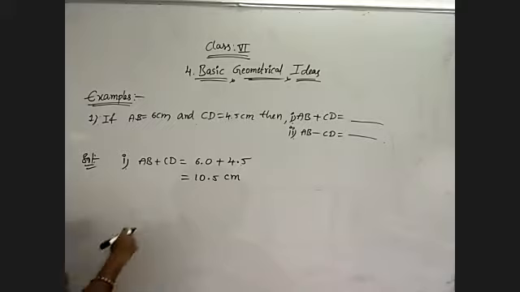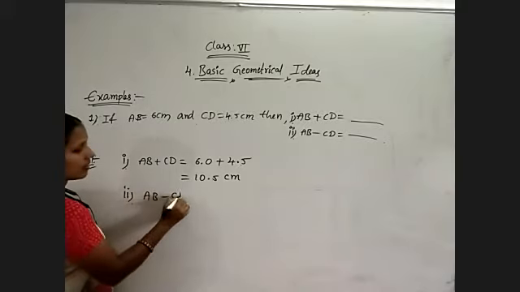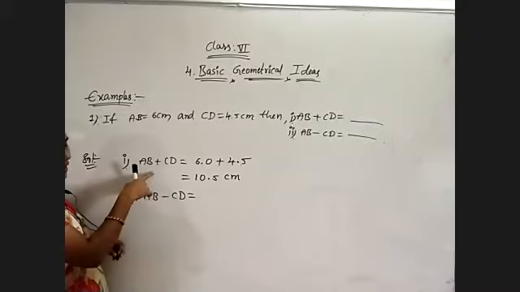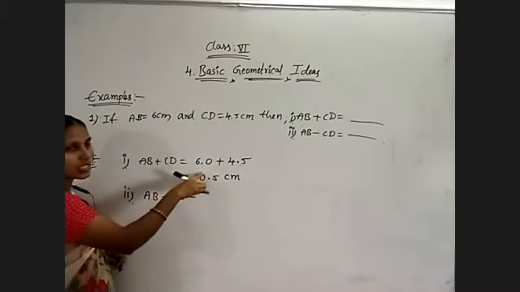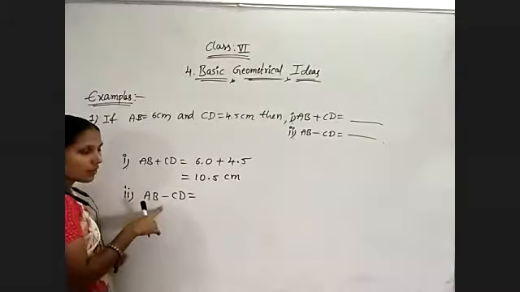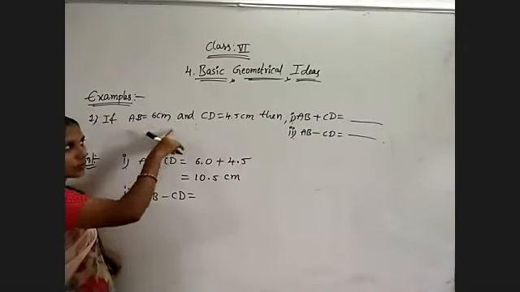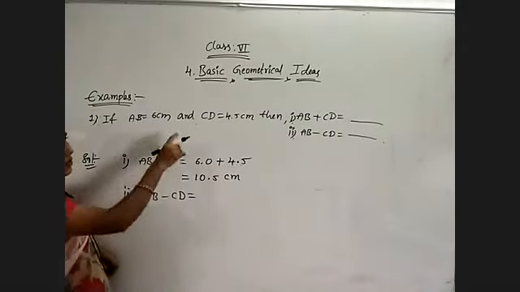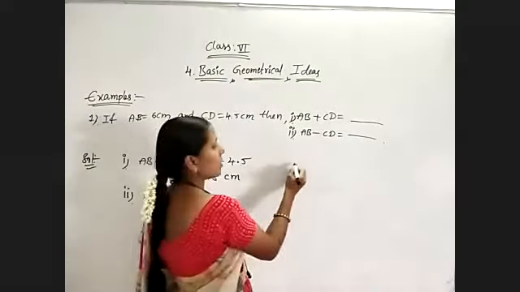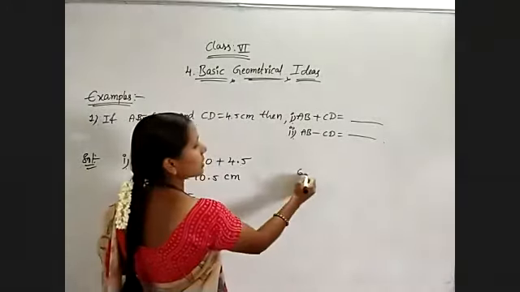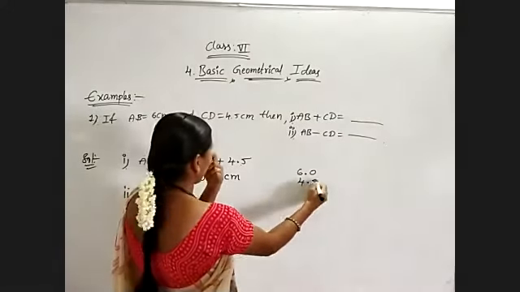Now AB minus CD. I already told you, while doing addition, if you do not convert into like decimals, there is no problem. But while performing subtraction, we must convert the given two values into like decimals if you are getting decimal numbers. In that case, the AB value is 6.0 and the CD value is 4.5.